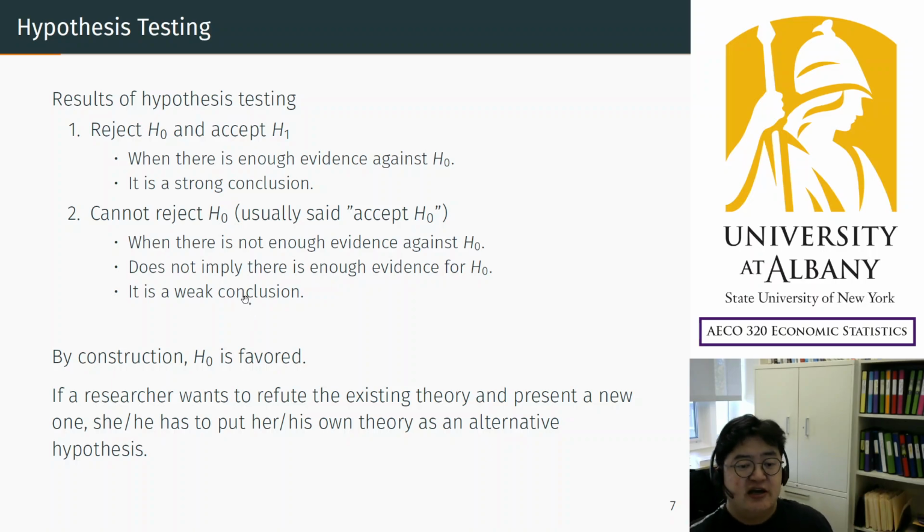And that means if you use hypothesis testing in your research, what you want is usually to make your argument stronger. You want to put your hypothesis as the alternative hypothesis, and then if you can choose your alternative hypothesis by rejecting the null hypothesis, that is a strong conclusion. So this is how we usually construct a hypothesis when you use it as a research tool.